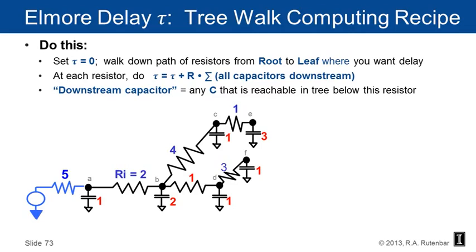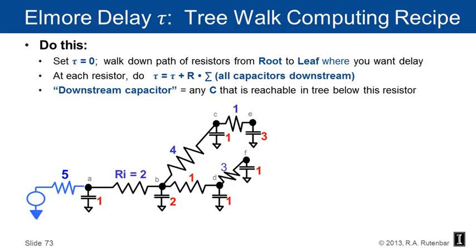So I've got the driving gate and the driven gates, and it's again a little tree of resistors with nodes A, B, C, D, E, and F. There is a resistor of size 2 between nodes A and B, a resistor 4 between B and C, resistor 1 between C and E, resistor 1 between B and D, resistor 3 between D and F, and there's a capacitor of size 1 at node A, 2 at node B, 1 at node C, 1 at node D, 3 at node E, and 1 at node F. So this is the example. We're going to see this several times.